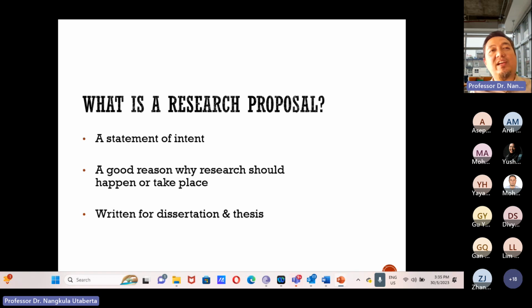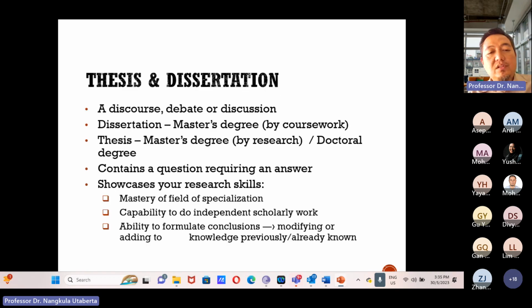Dissertation is normally for coursework, in Malaysia and maybe in Europe. So, like I said, dissertation is normally used for a master's degree by coursework, for example our Master of Architecture program, where they write a dissertation, while thesis is for a master's or doctoral degree by research.